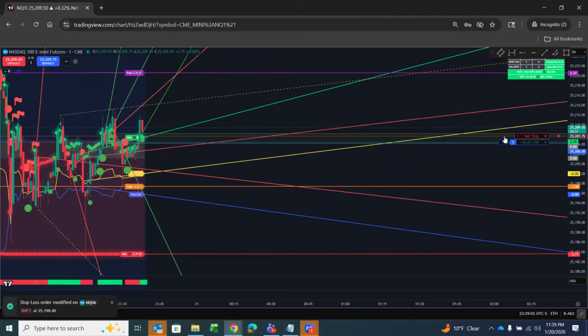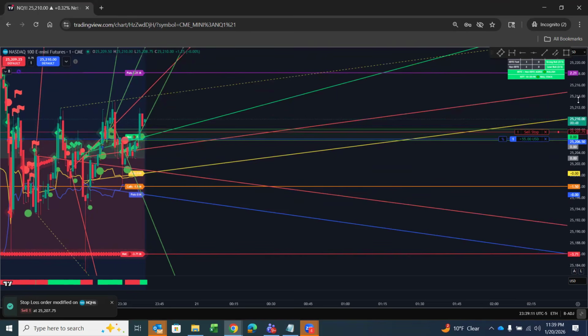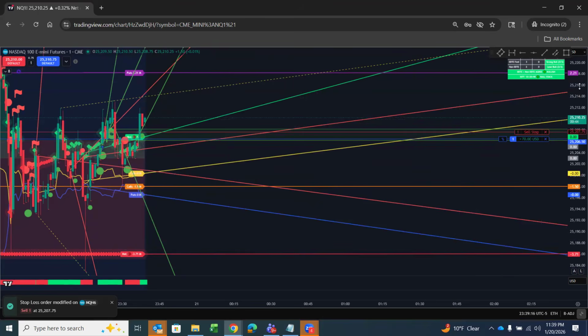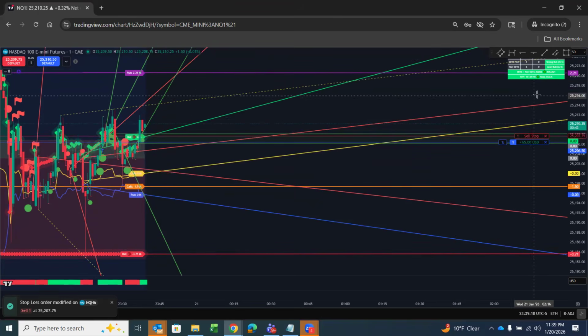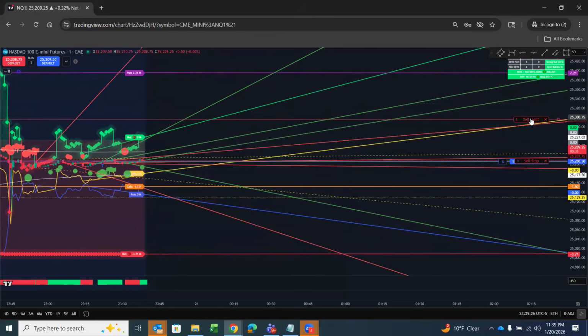I'm going to put it right where the fair value gap is, right below it, so this way we don't get stopped out of profit. I have a limit sell above, but I don't want to. Let me actually break it down. Let's see.